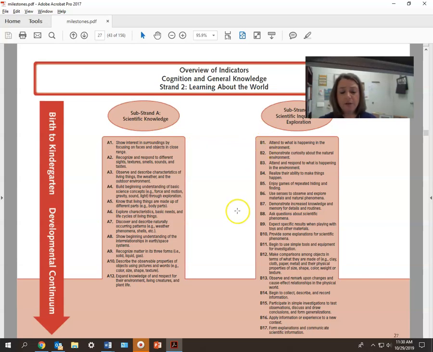And if you look, especially when we look down at the younger children, you're going to see demonstrate curiosity about the natural environment, enjoy games of repeated hiding and finding, uses senses. So you can see that we're really not trying to jump too far ahead with their knowledge. What we are trying to do is get them familiar with their surroundings and with the things that they are going to be using when they get into their older years.